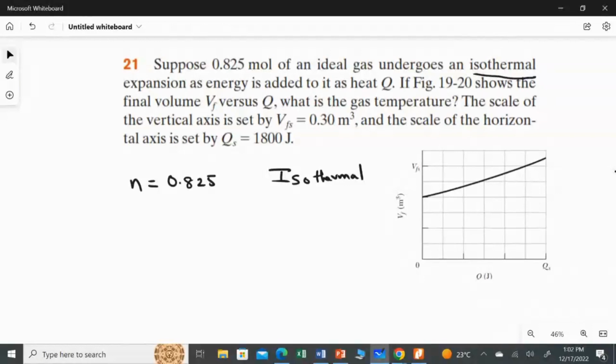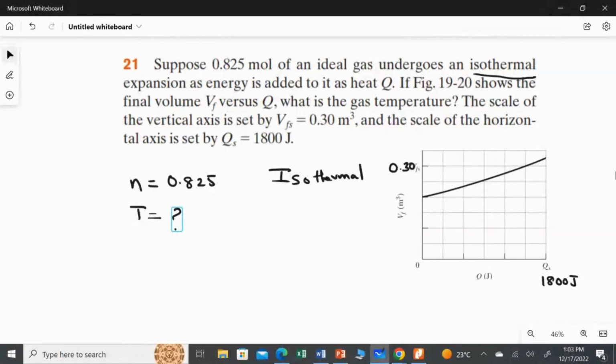They set the maximum value for the volume as 0.30 meter cube, and likewise the heat on the x-axis has a maximum value of 1800 joules. Now, what we are going to find is the value of the gas temperature. That means we are going to calculate the temperature.